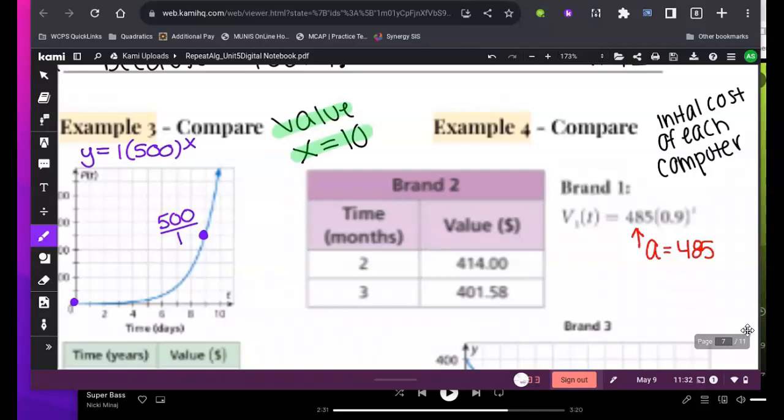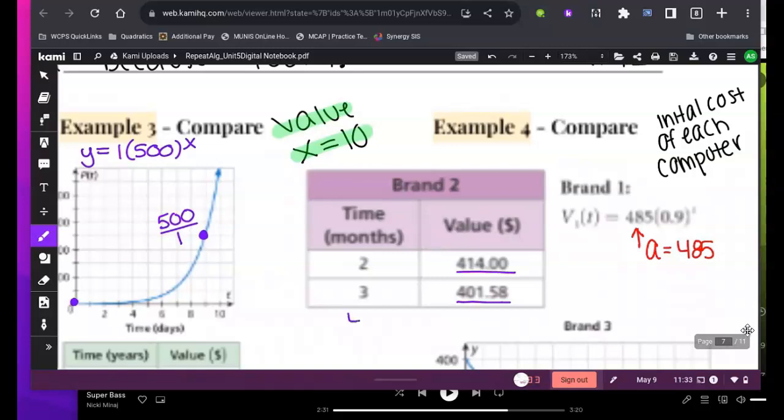Now, looking at brand 2, we don't have an initial value because we're not given the time at 0 months. So 0 months would be when we initially bought it. So for the table, we actually have to do our second y value divided by our first, and then we're going to go backwards to figure out what our initial value is.